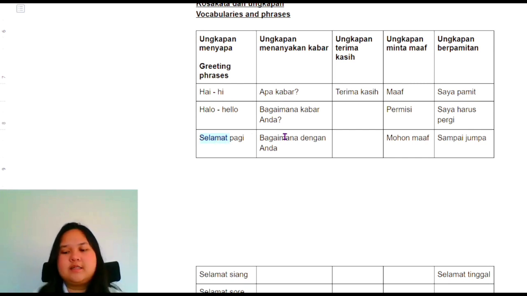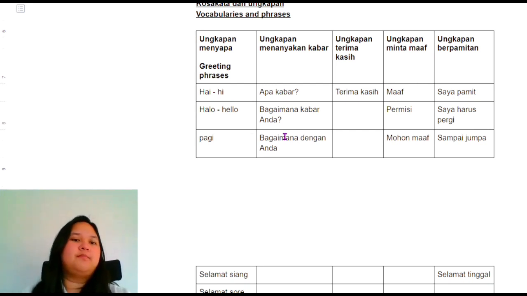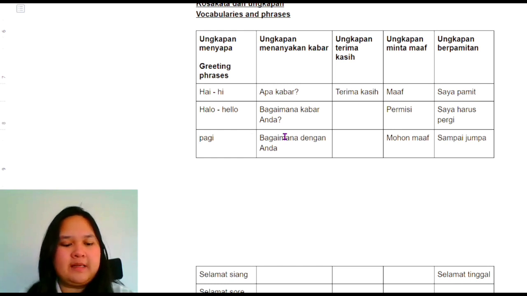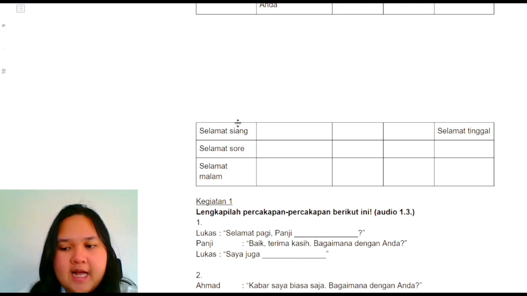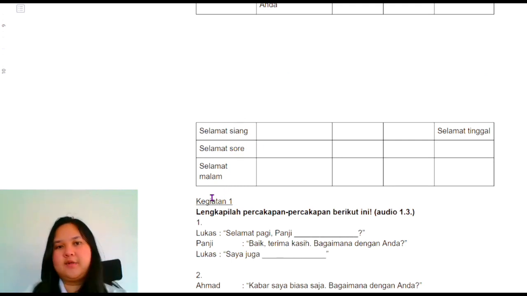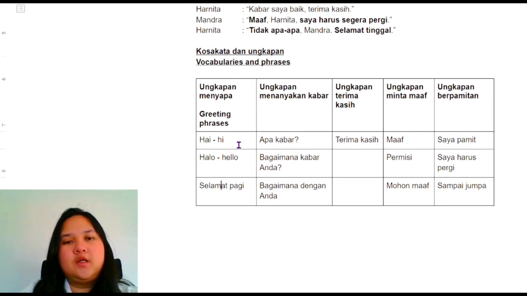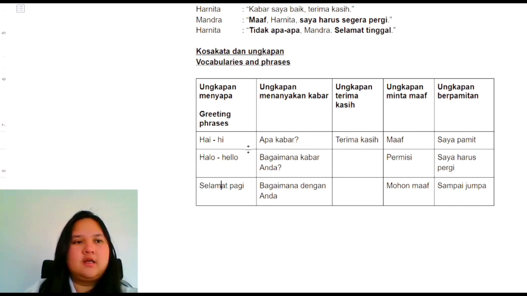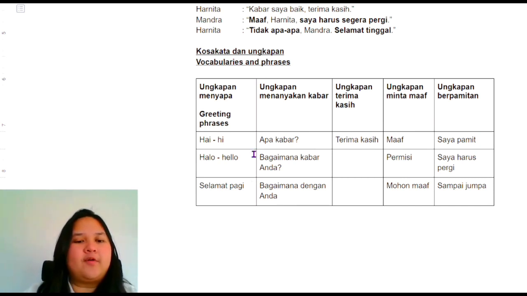You can also take off the selamat, just say pagi. It's more natural in colloquial Indonesian to say pagi more than selamat pagi. And we have also selamat siang, selamat sore, and selamat malam. If you miss this, you can check the previous part in the introduction.